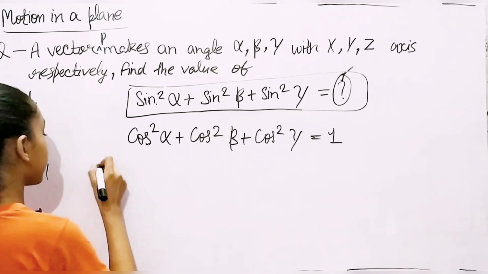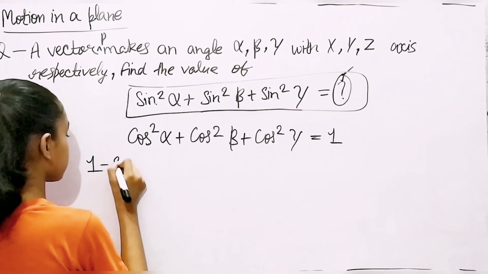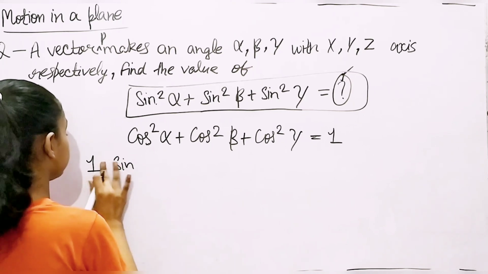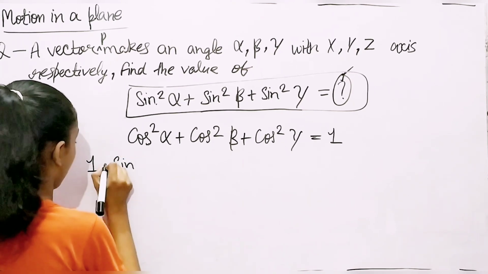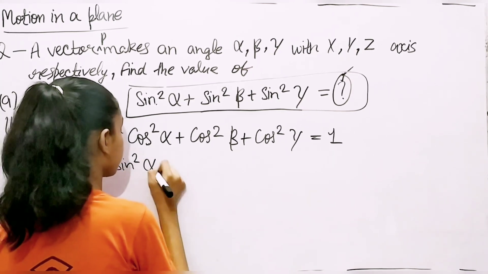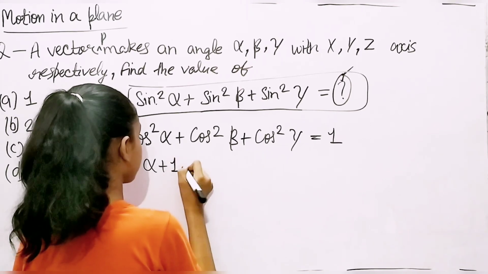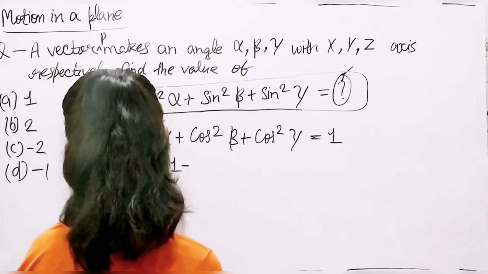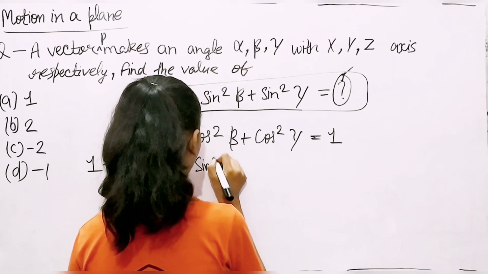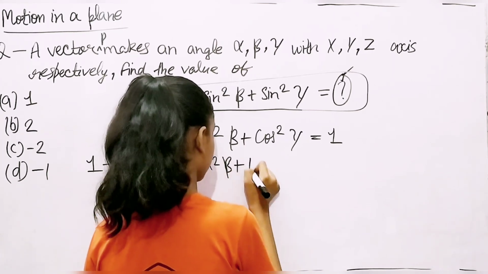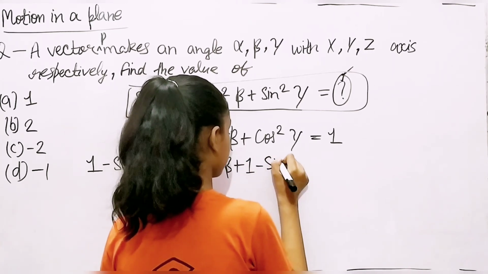So I'm going to write 1 minus sine square alpha plus 1 minus sine square beta plus 1 minus sine square gamma.